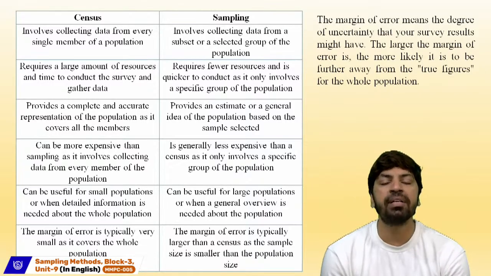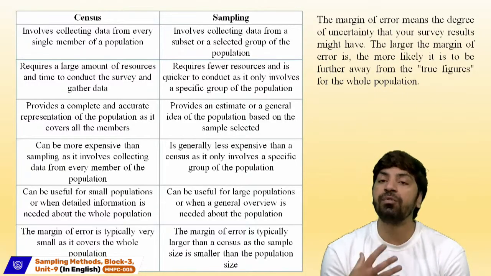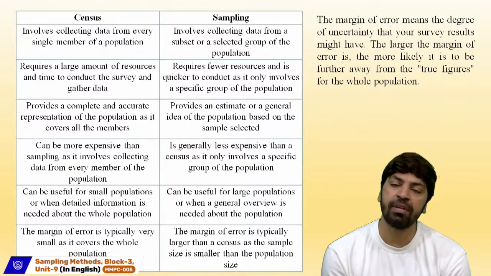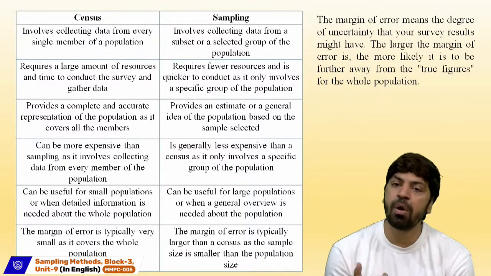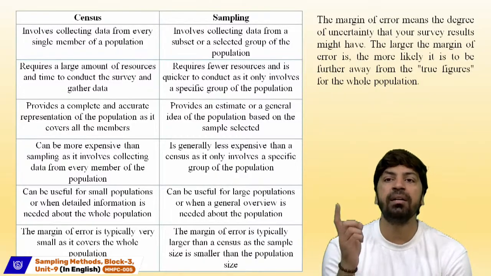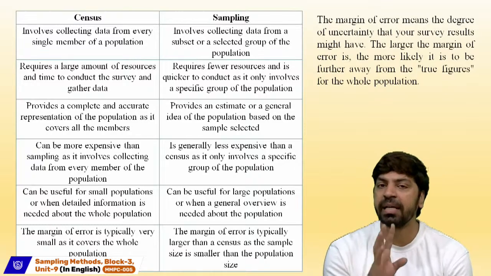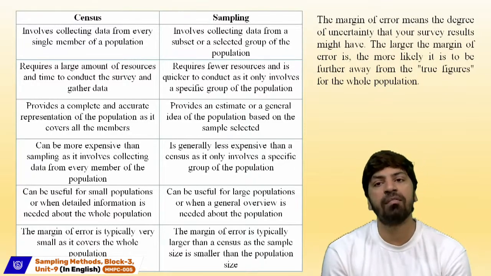Margin of error is the degree of uncertainty that your survey results might have. That degree of uncertainty in your survey results is exactly what is called the margin of error.